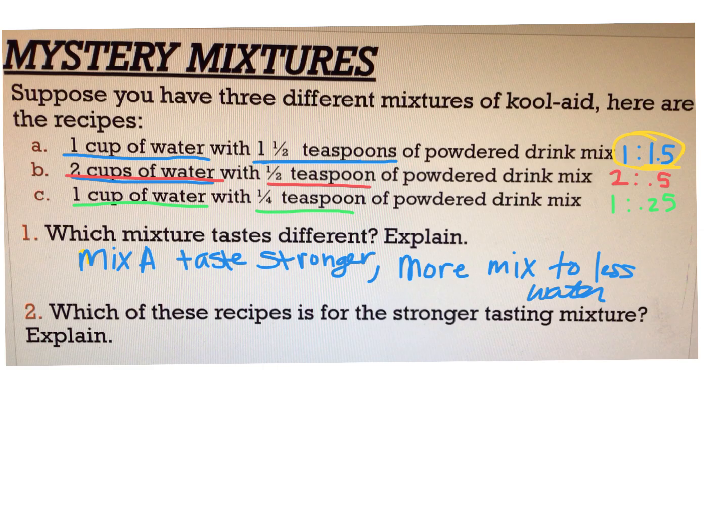Which of these recipes is for the stronger tasting mixture? Well, we kind of just answered that question. The solution would be mixture A would taste stronger because there is more mix to 1 cup of water.